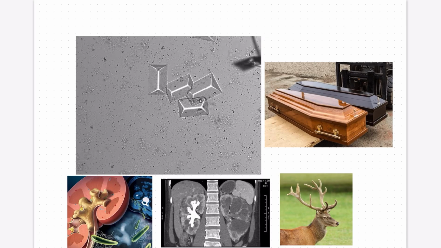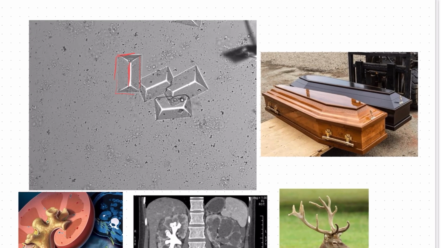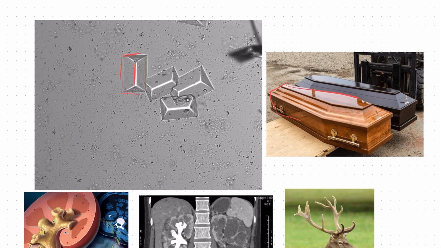Here the crystals are like a rectangle with a line over it. So it almost appears like a coffin lid. During the funeral, the body is kept in a coffin, and it has a lid. So from the top it appears like a coffin lid. You can also remember it this way: a rectangle shaped crystal with three lines over it, one line in the center and two lines on the side.